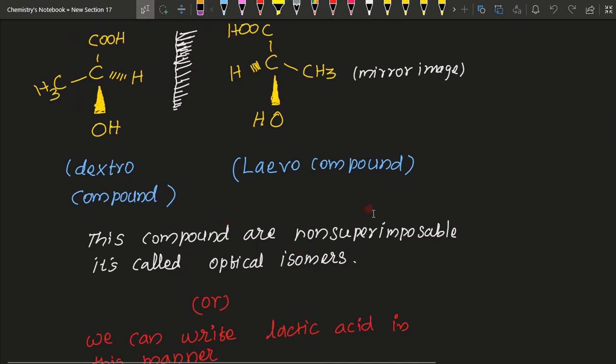These types of compounds are non-superimposable, chiral, or asymmetric. Please note these three words: non-superimposable, chiral and asymmetric.